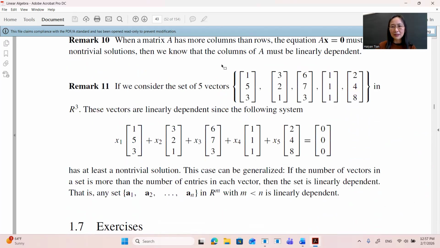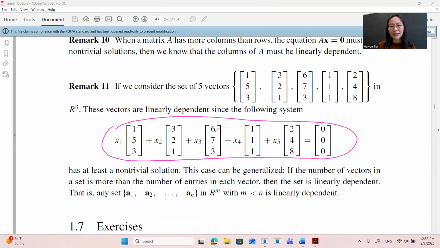That's another property which is always true, because we can always write the homogeneous system like this. If the number of vectors in the set is greater than the number of entries in each vector, then this set of vectors will be a linearly dependent set.